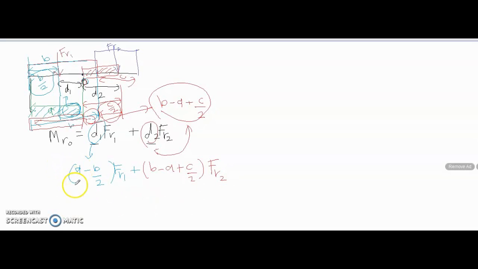So substitute all the values here, and this one you already get also. So your moment MR naught should be equal to negative 11.25 plus 18.75 Newton meter.